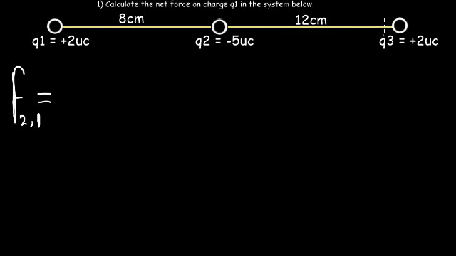Perfect. Now, what about that of charge 3 and charge 1? Because charge 3 will also have an effect on charge 1. And that will be F sub 3,1, read as the electric force of charge 3 on charge 1. Good.